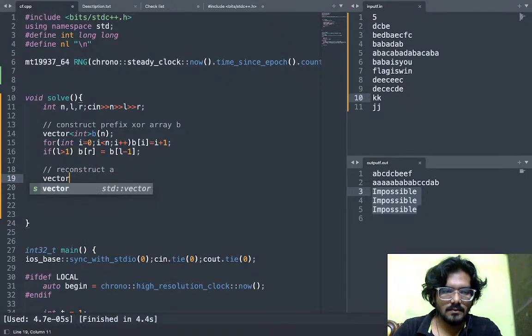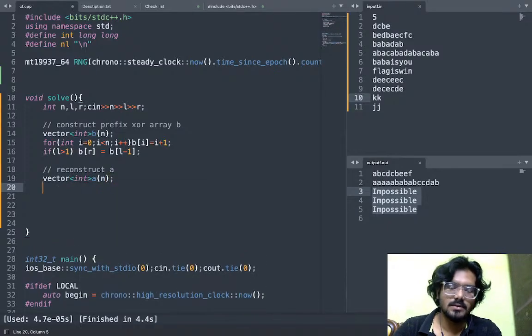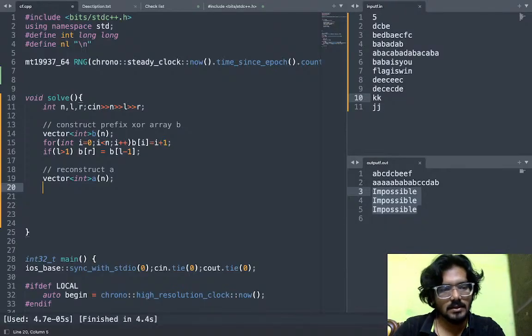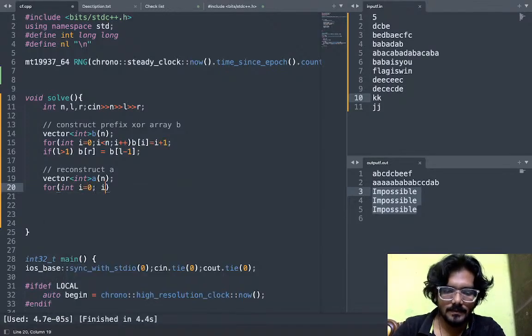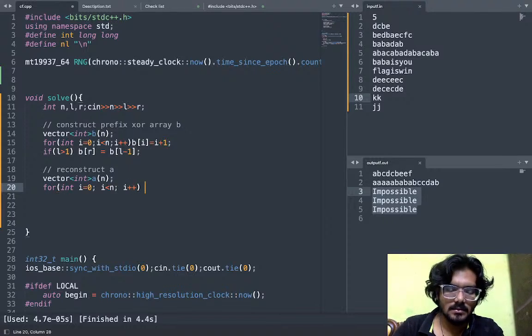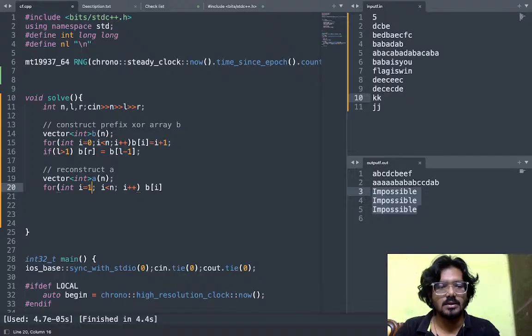We have vector int a. Okay, we are constructing a. So the rule is remove everything that is past. So b i, we will leave b i because that is the single one.